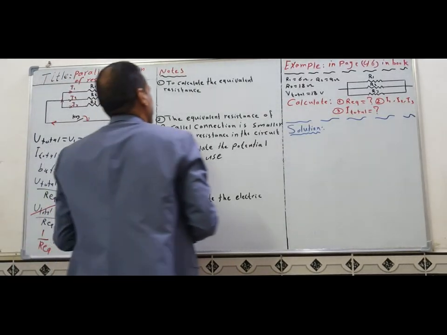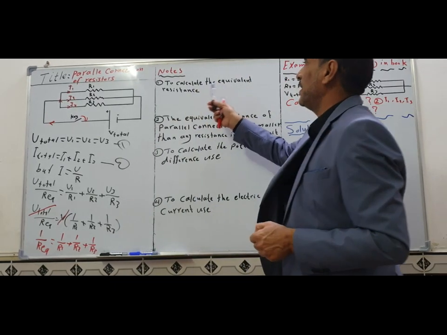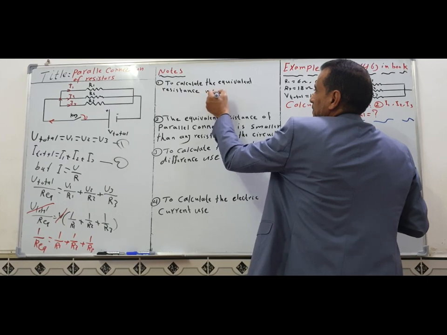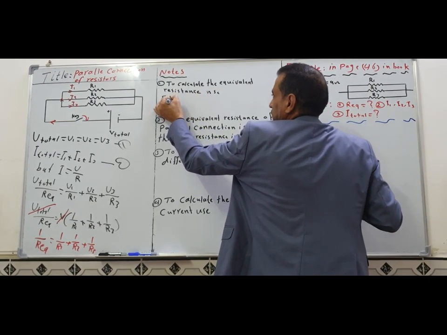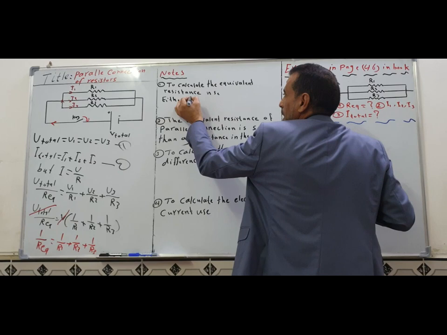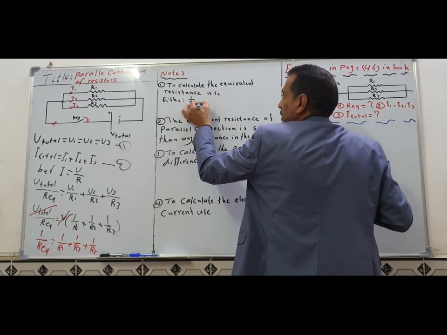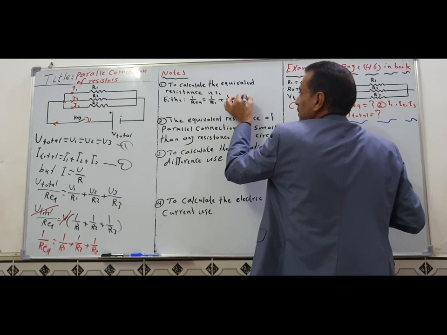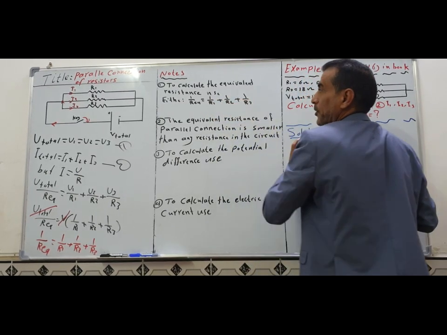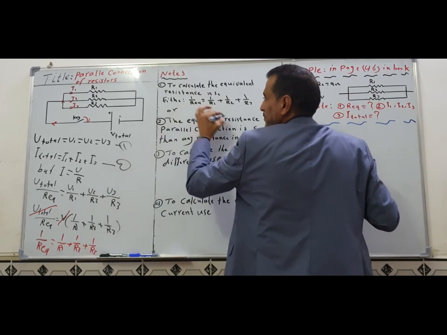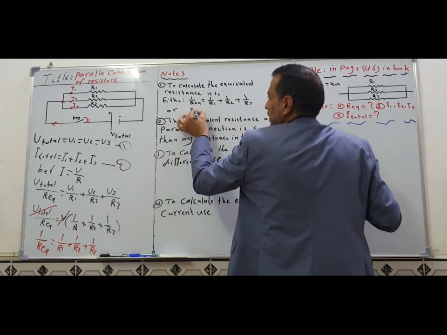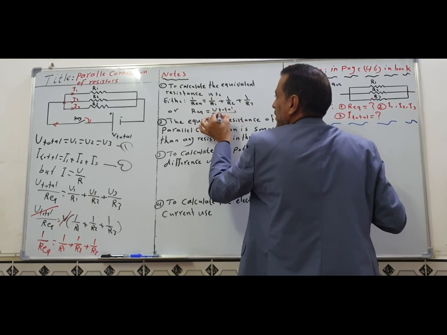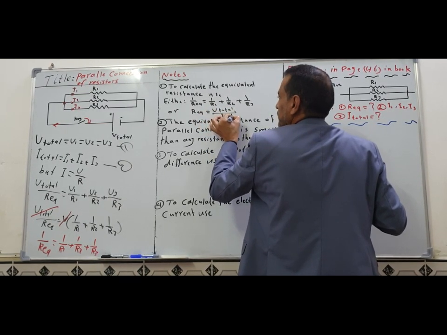Notes. Number 1, to calculate the equivalent resistance, use either 1 divided by R equals 1 divided by R1, 1 divided by R2, and 1 divided by R3, or R equivalent equals V total divided by I total.